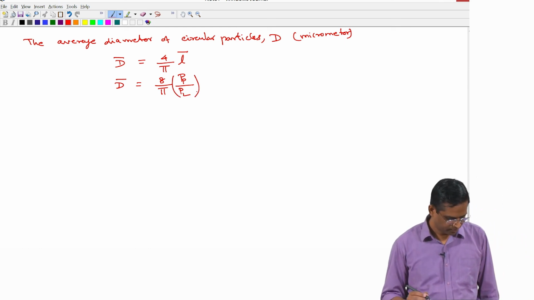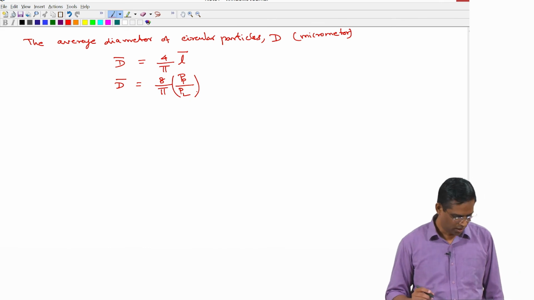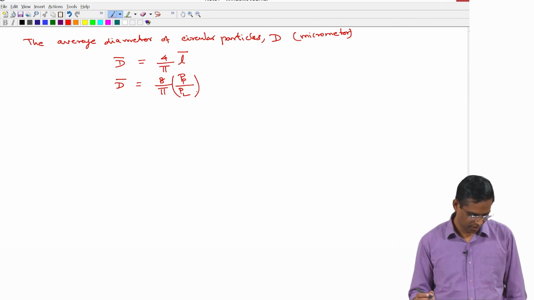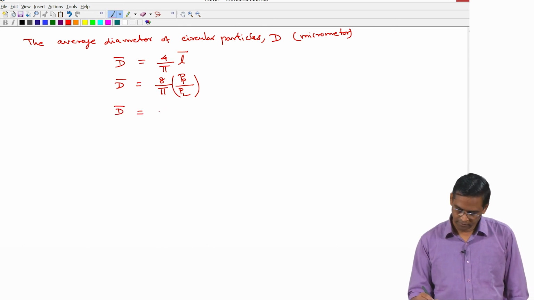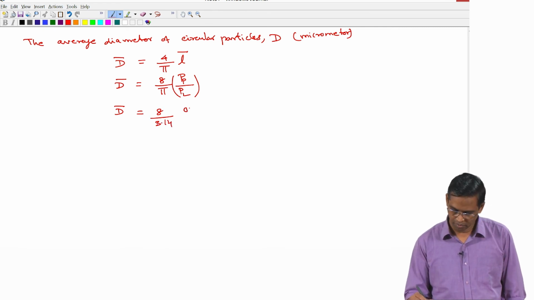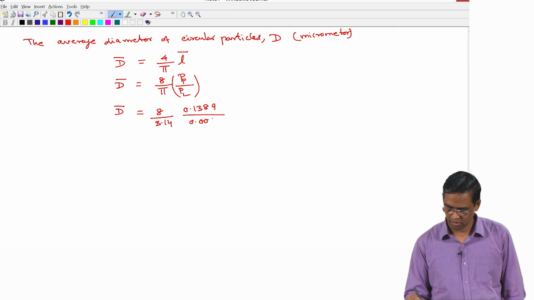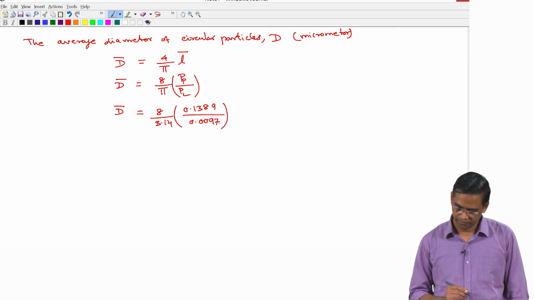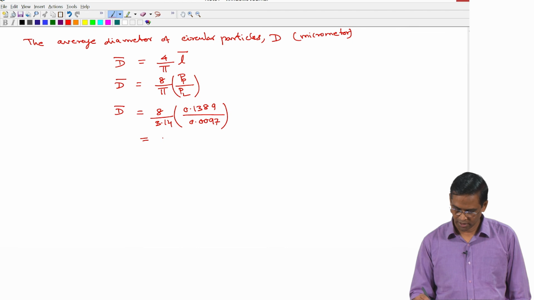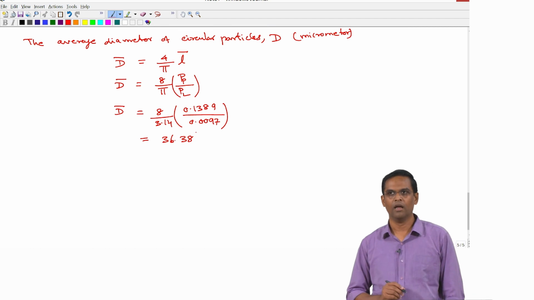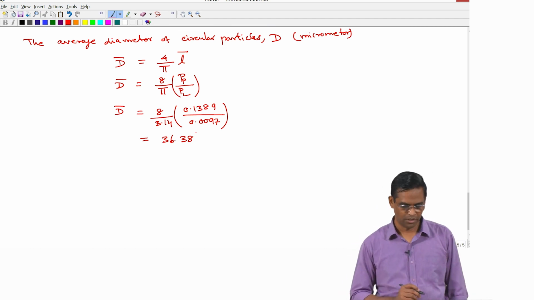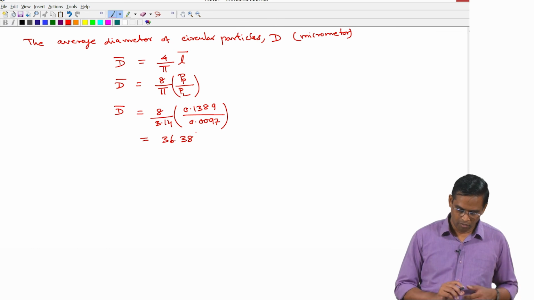So, we can do one calculation. For example, you take the first reading from the Excel sheet. The first reading is 0.1389 divided by 0.0097. So, you get around 36.38 as the average diameter. I will go back to this Excel sheet.